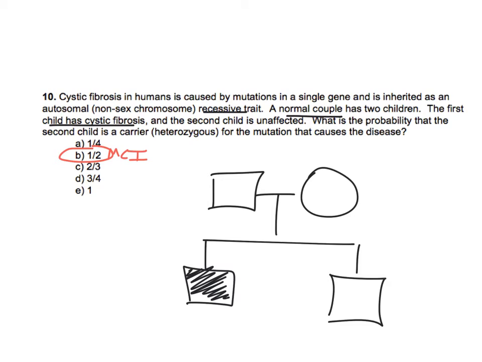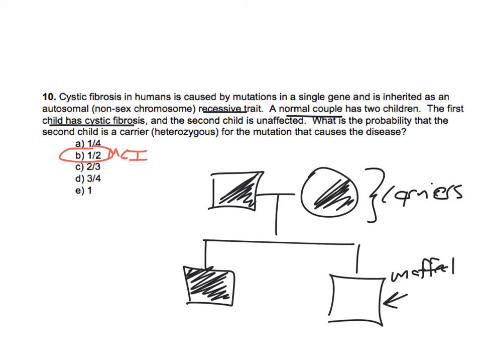So if there's a recessive trait and one kid has it, what does that tell us about the parents if they're both unaffected? They're both carriers. So if this kid is unaffected, what are the genotypes possible here?